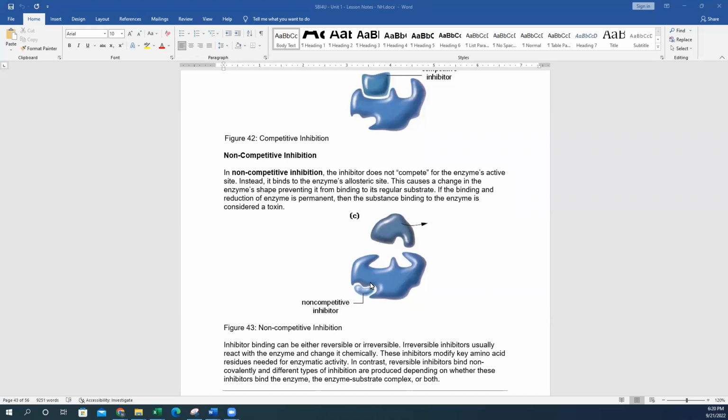In this case, the substance bound to the enzyme often acts as a toxin because it is binding so tightly and it is not coming off. And so it acts as a toxin to the organism. Most toxin molecules are the type of molecules that bind quite tightly and permanently change the substrate binding site on the enzyme.